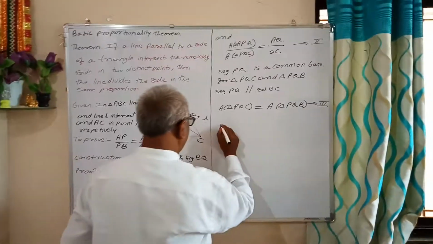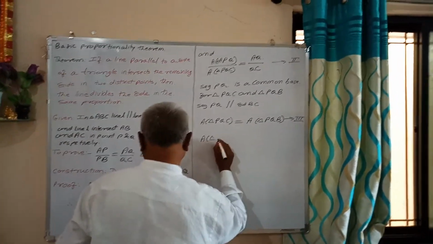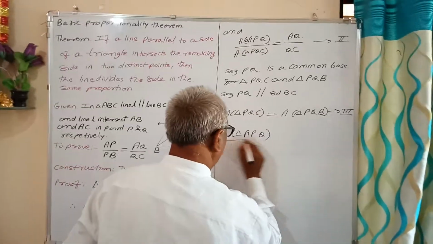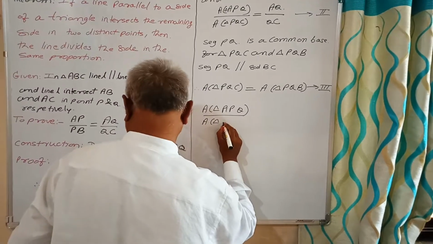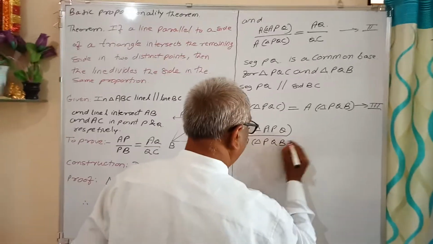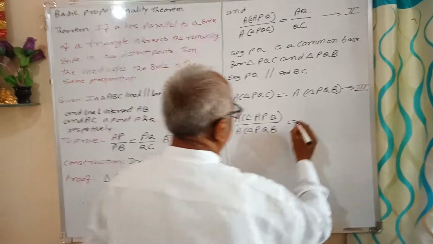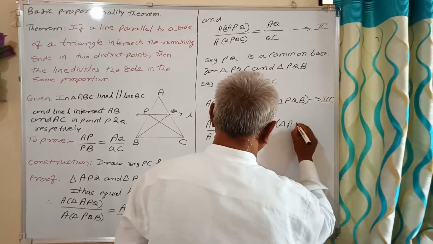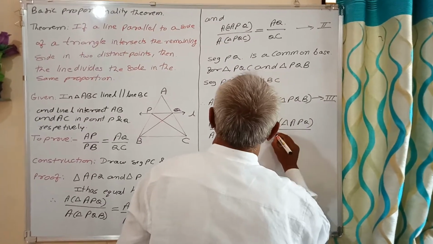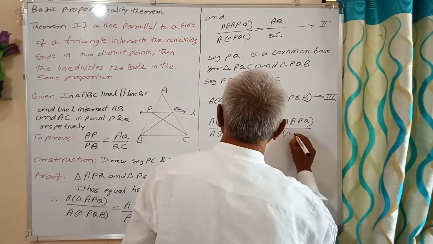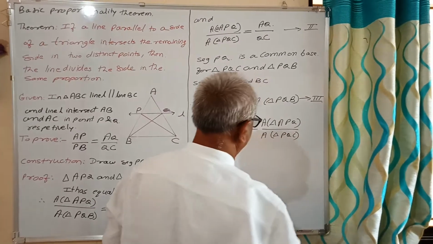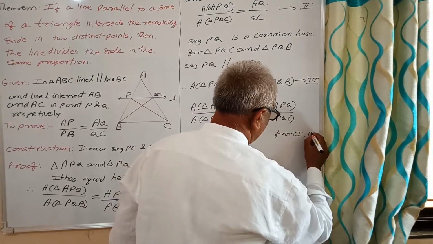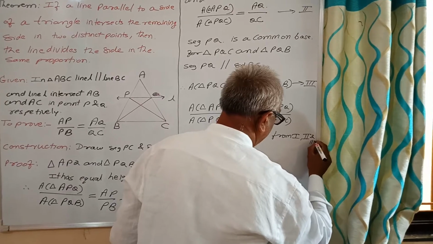So we write area of triangle APQ upon area of triangle PQB is equal to area of triangle APQ upon area of triangle PQC, from 1, 2 and 3.